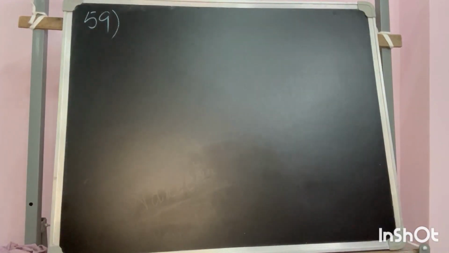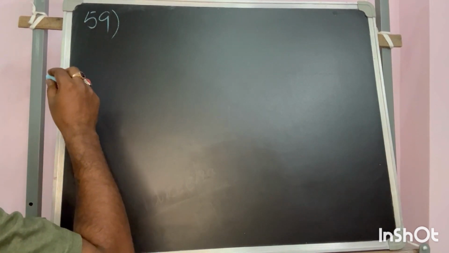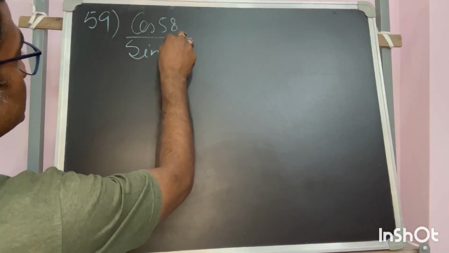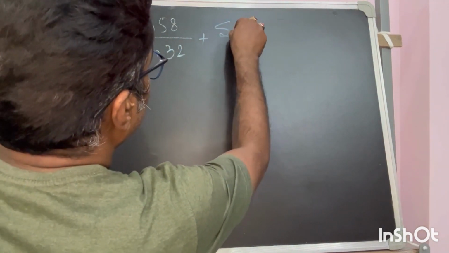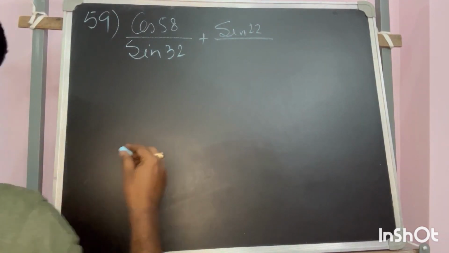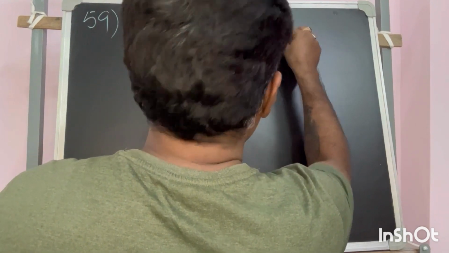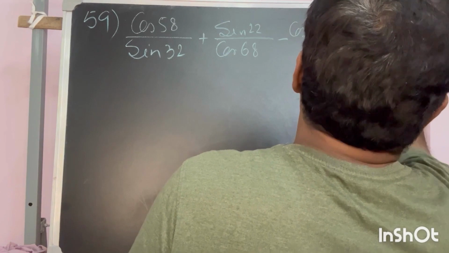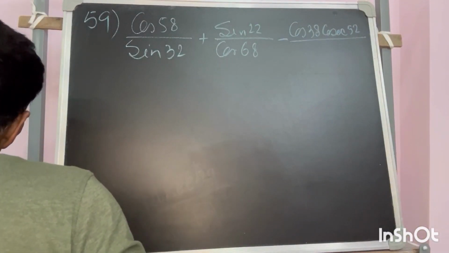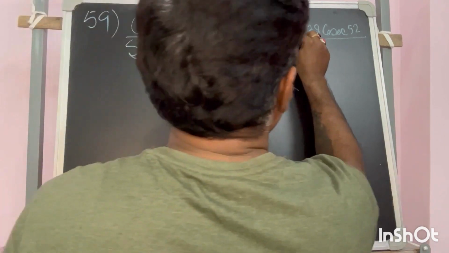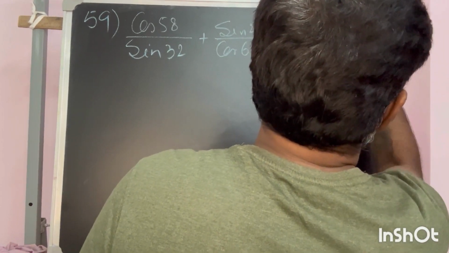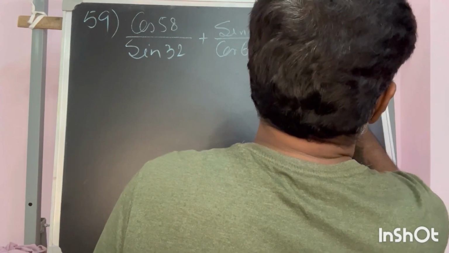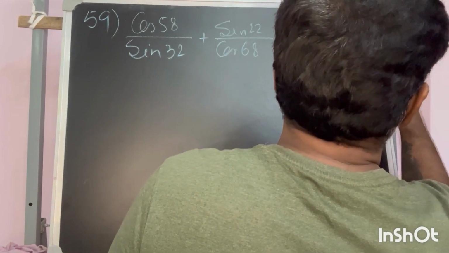This says: evaluate cos 58 upon sin 32 plus sin 22 upon cos 68 minus cos 38 cosec 52 upon tan 18 tan 35 tan 60 tan 72 tan 55, probably.